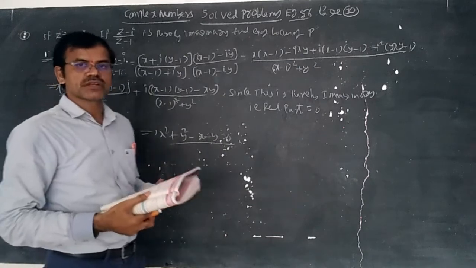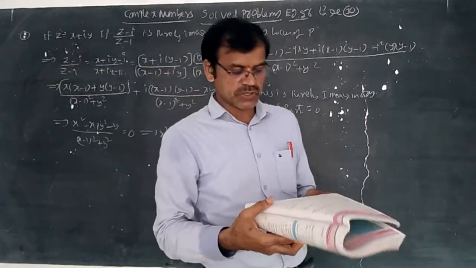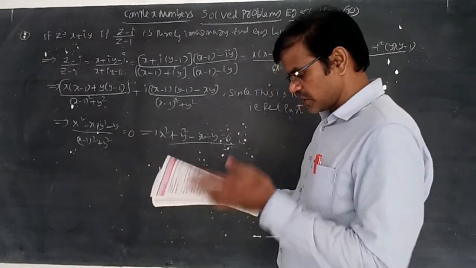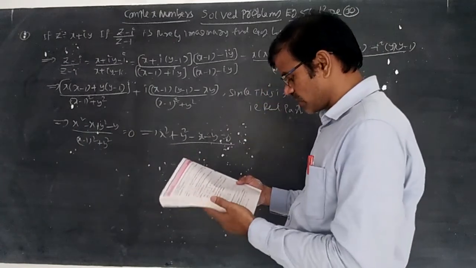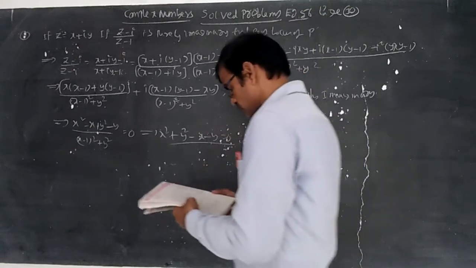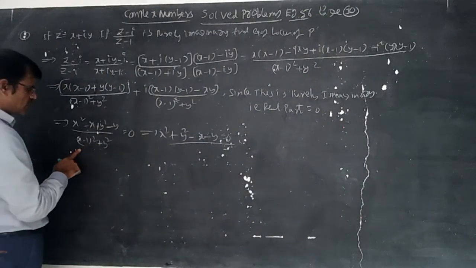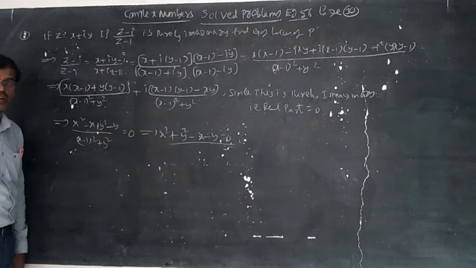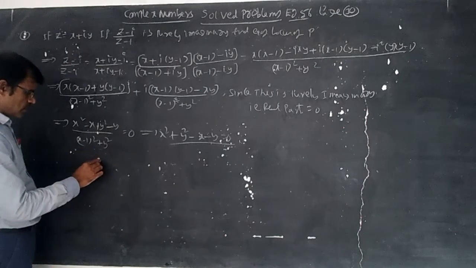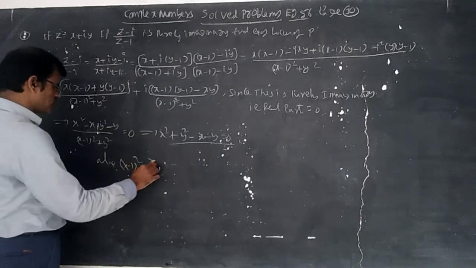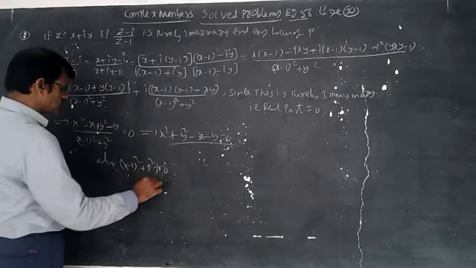It is the equation of a circle passing through the origin and having intercepts 1 comma 1. The locus is the circle excluding the point (1, 0), because the denominator is not equal to 0. So x minus 1 whole square plus y square is not equal to 0, that implies x is not equal to 1, y is not equal to 0.